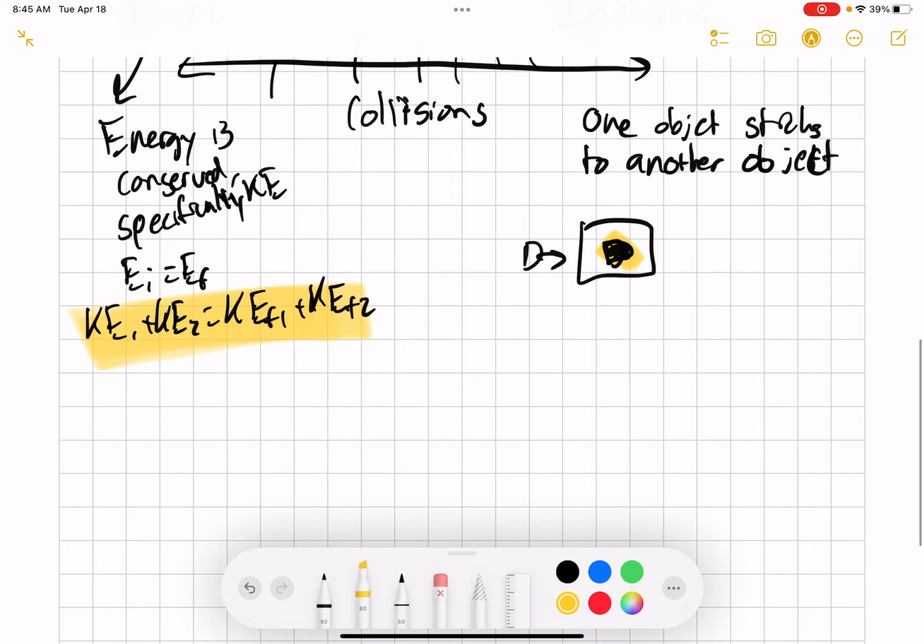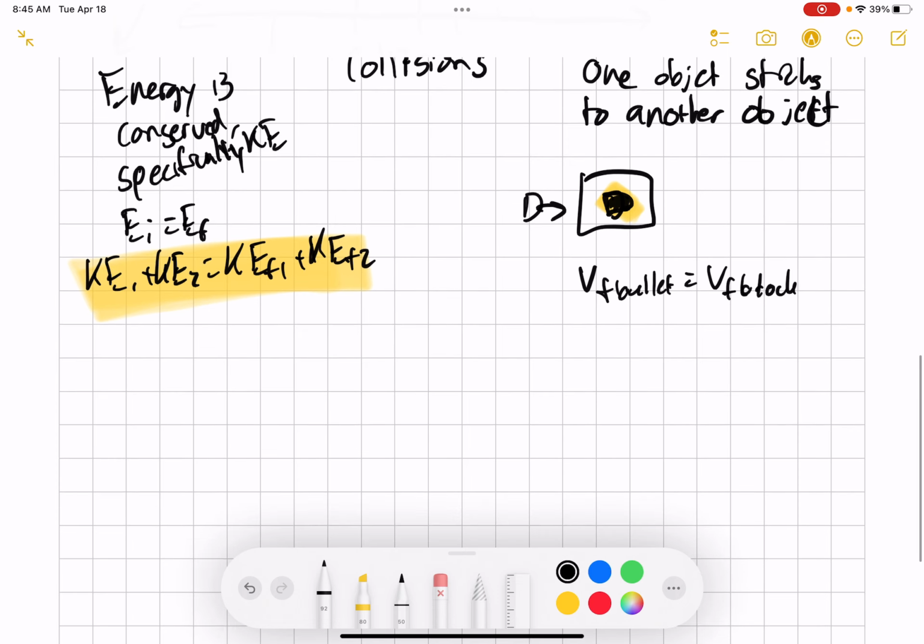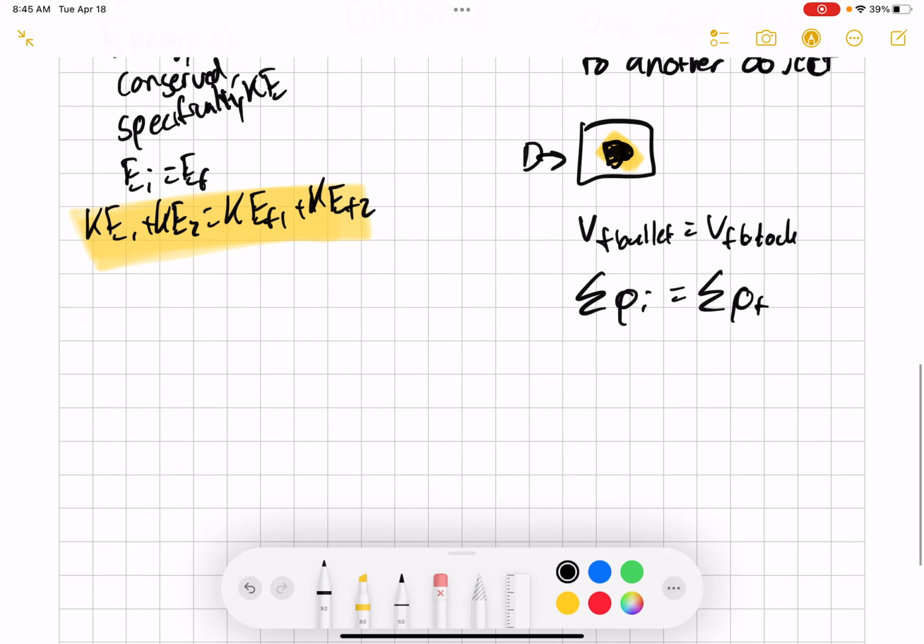And then the tricky thing with this is to remember that if one object is inside the other object, both final velocities, so the bullet final velocity, has to be equal to the final velocity of the block, right? Because now they're one big object. And so the way we write this mathematically, if we're doing the sum of Pi equals the sum of Pf, we'll have something like mvi plus mvi.